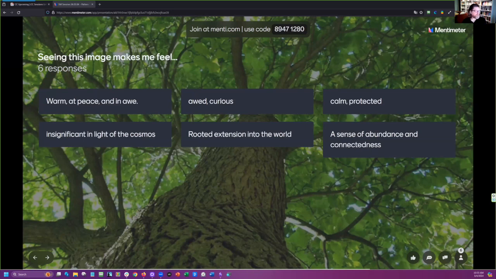I picked this tree after quite a lot of searching, probably 2 hours looking at images on the internet, thinking about what I wanted to use. And I picked this because I feel like on a Monday morning, looking at beauty in nature is a helpful thing. And there's a lot of patterns within this tree.